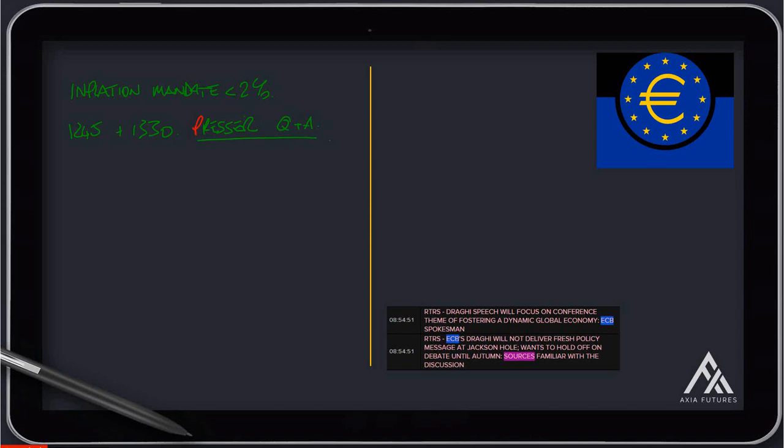However, historically, they've only been changing when you get the staff economic projections. These come again quarterly. So they come in March, June, Sep, and Dec. So that's likely the time where you get change from the ECB.